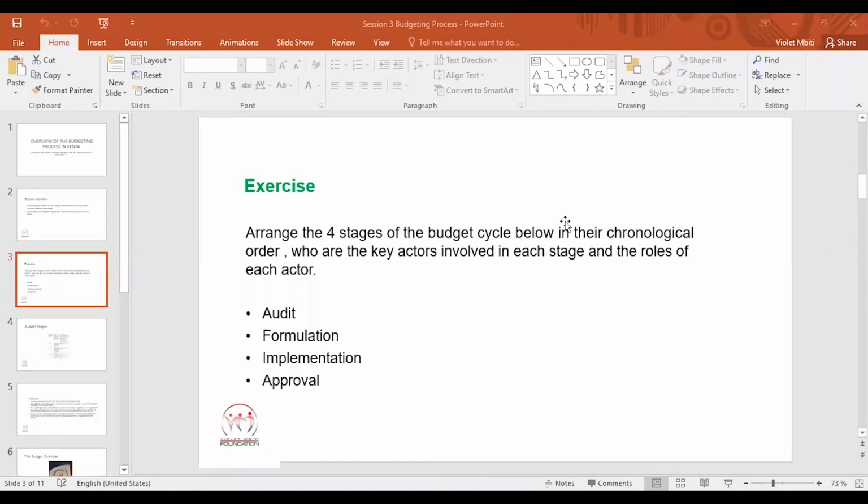Stephen has said the county executive is one of the stakeholders. So when you say county executive, Stephen, where do you think the county executive is engaged? Is it the audit? Is it formulation? Is it implementation? Or is it approval?